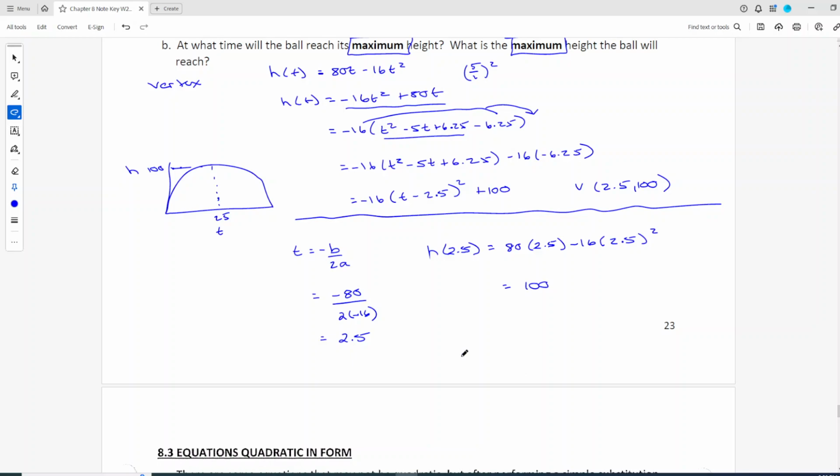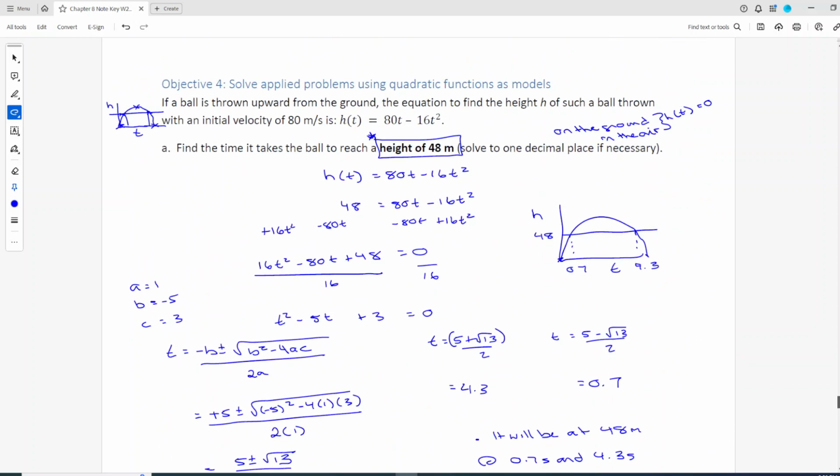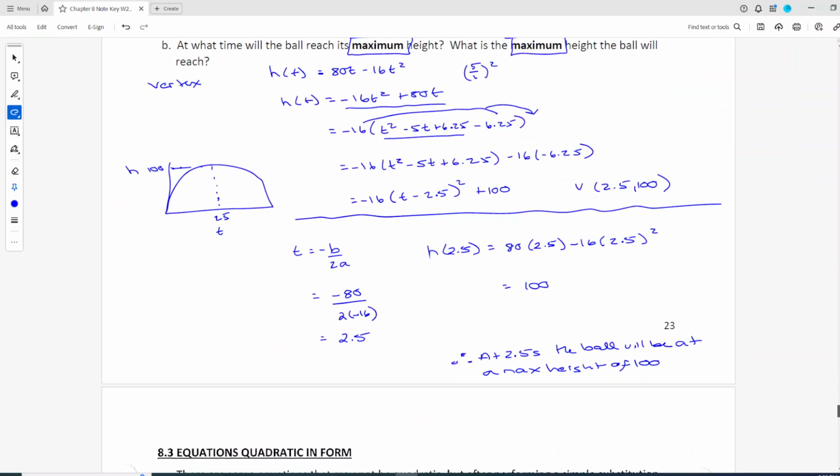Either way, we'll say therefore at 2.5 seconds, the ball will be at a max height of 100. What units am I in? Meters. I feel like that'd be really high.